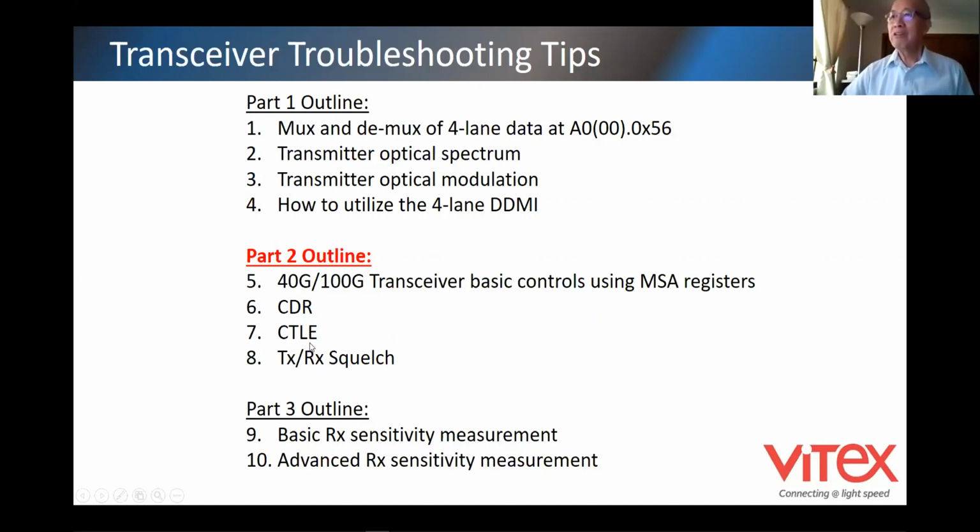Those 4 areas, usually we were not familiar with in the lower speeds, but from 40G and up, those are very useful, very important parameters to set due to the speed.